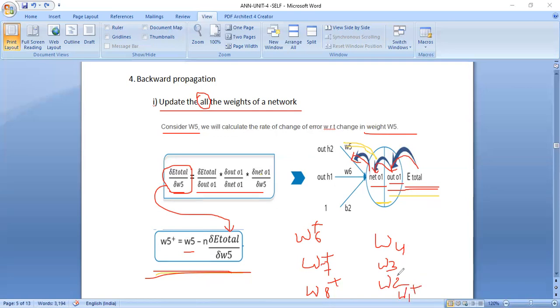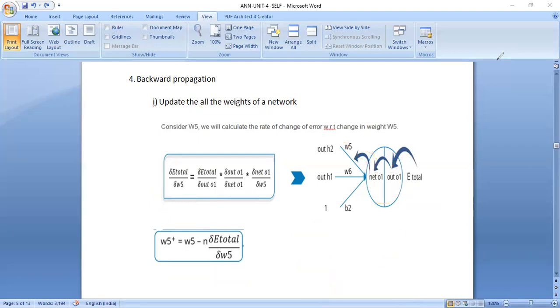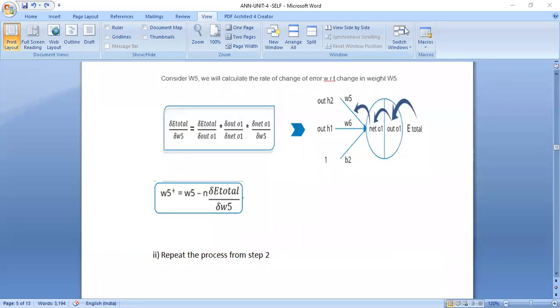You need to update these values as well. After updating all the values of this network, what do we have to do? We have to go for repetition of the same process from step 2.